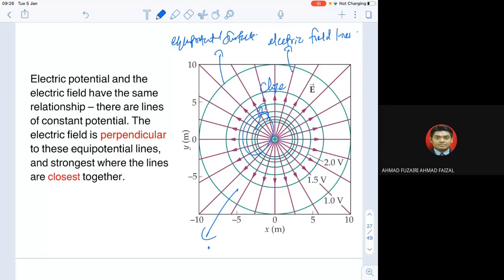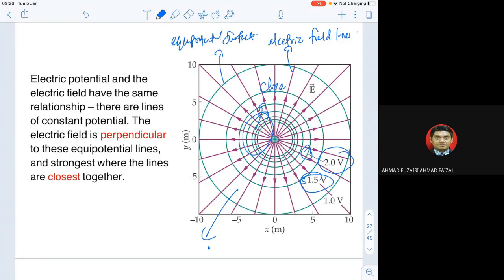You can see the positive charge. The lines close to the positive charge will have different values of volts. As you can see here, we have 2 volts. This is the point of the 2 volts potential surface. And how about 1.5 volts? It should be here.